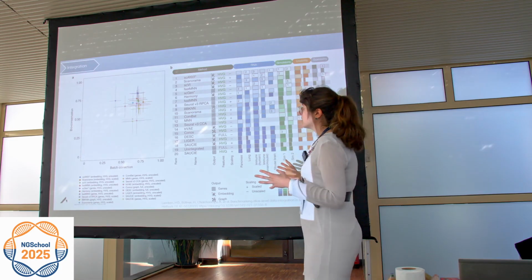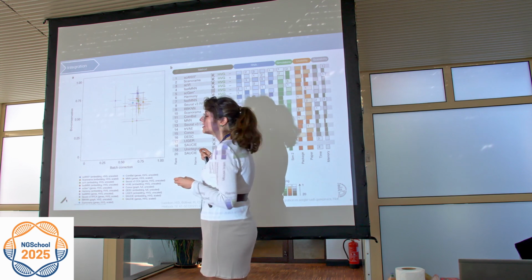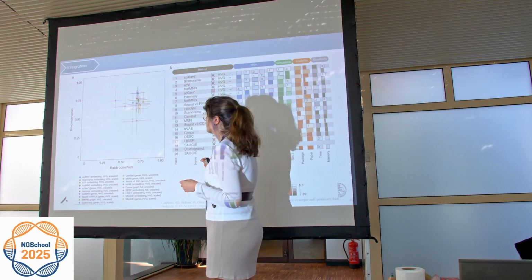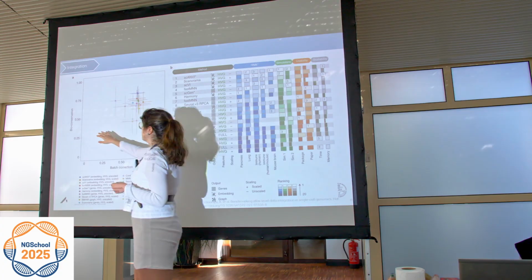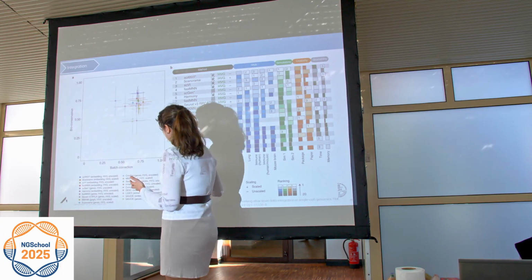Integration and batch correction has a crucial requirement: you still need to preserve your biological variance. That's called bioconservation. But you also want to correct the batch.